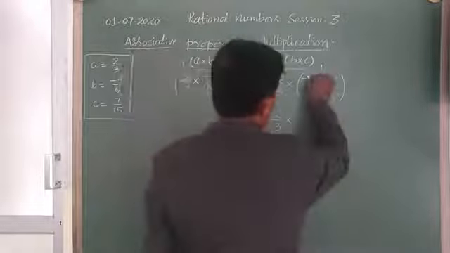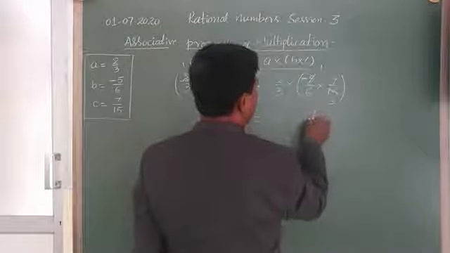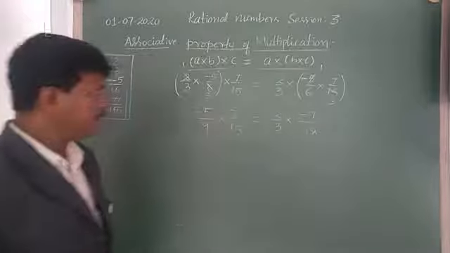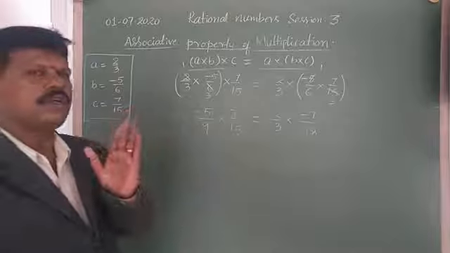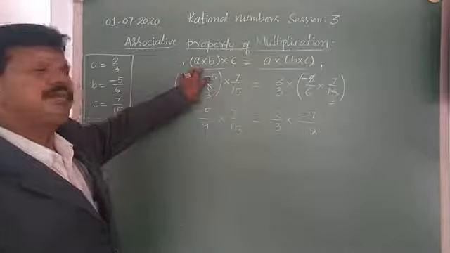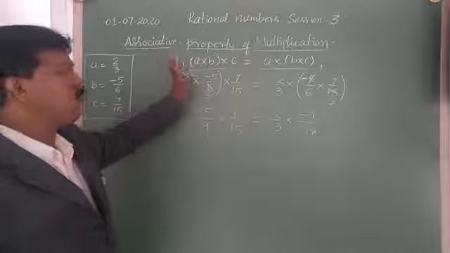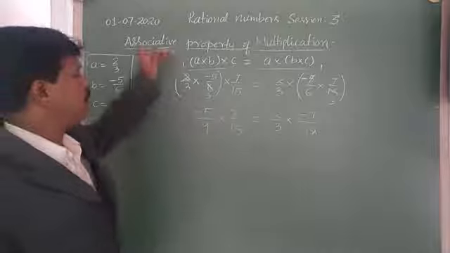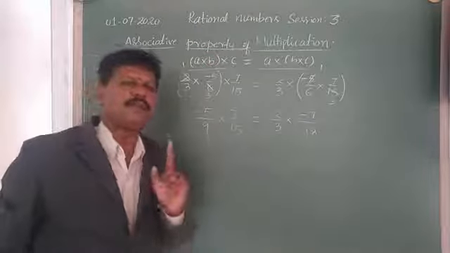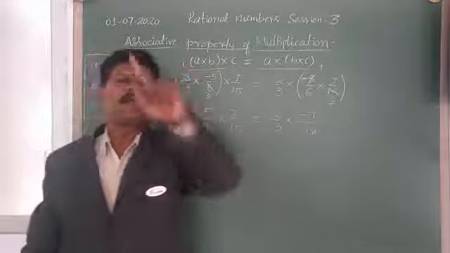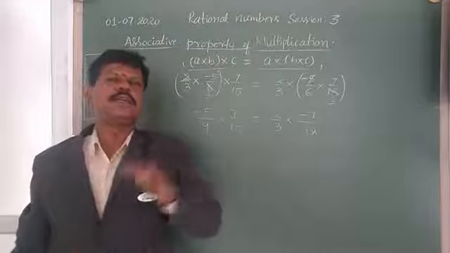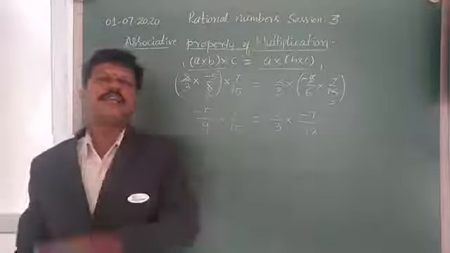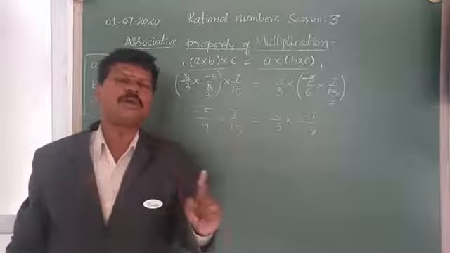Remember that. Now the answer is minus 7 ones are 7 by 3 sixes are 18. So first inside the bracket, if possible, you simplify numerator and denominator. After that, multiply numerator by numerator, denominator by denominator. Remember, always while multiplying rational numbers, no cancellation of numerator by numerator or denominator by denominator. Don't do that.